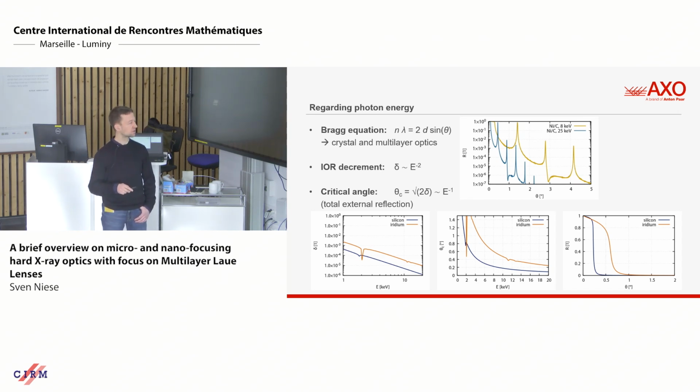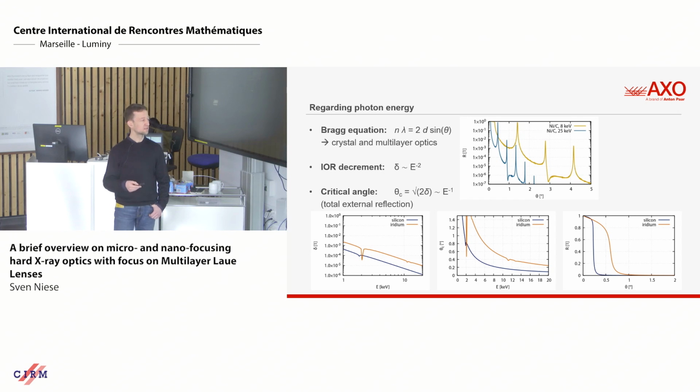If we plot the critical angle over the photon energy for those 2 materials, for the silicon you get a blue curve. This means at 8 keV, which is copper K alpha radiation, a typical photon energy for laboratory instruments, you are in the order of 0.2 degree.